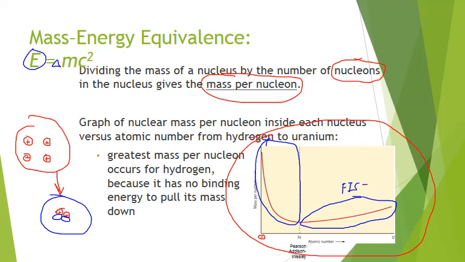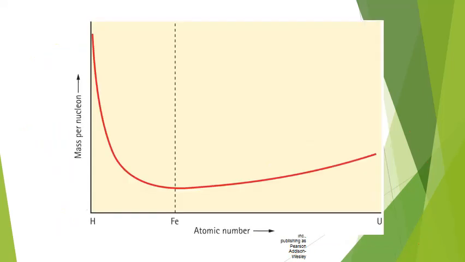You take a large thing like uranium and you let it decay, you let it be torn apart, and that liberates energy. Whereas over on this side, it's more useful to fuse these elements. So these are your candidates for fusion reactions, and the ones over here are candidates for fission reactions.